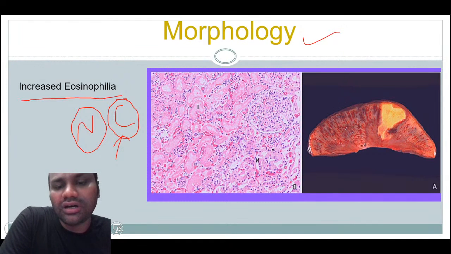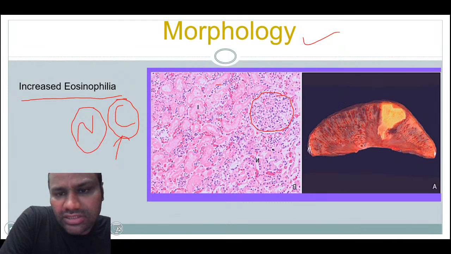See, this is a normal kidney. This is a glomerulus, and these are the cells. There are different types of cells, and all this pinkish is cytoplasm.